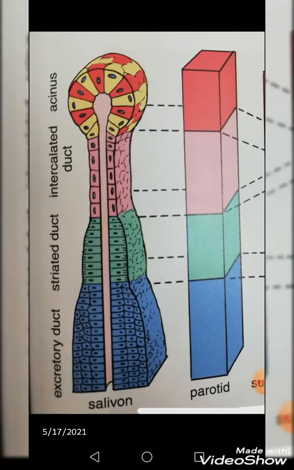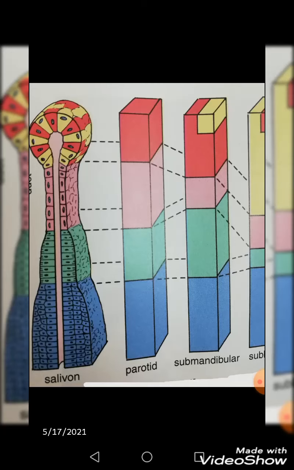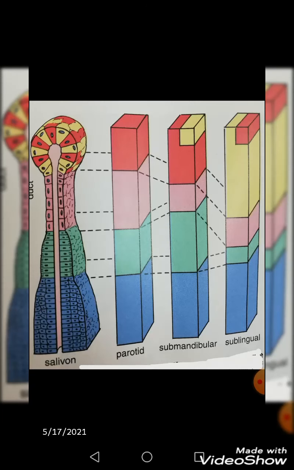And in the three glands, the parotid, submandibular, and sublingual, they are showing you the ratio of various cells and the ducts. The darker pinkish stain are the serous acini, right? The maximum ratio is in the parotid gland.